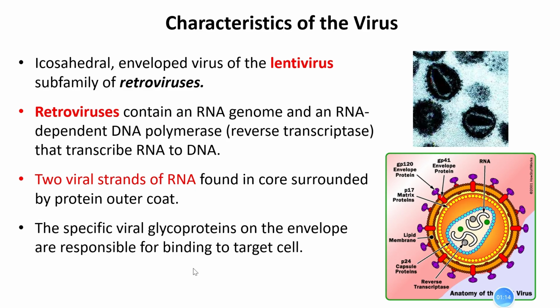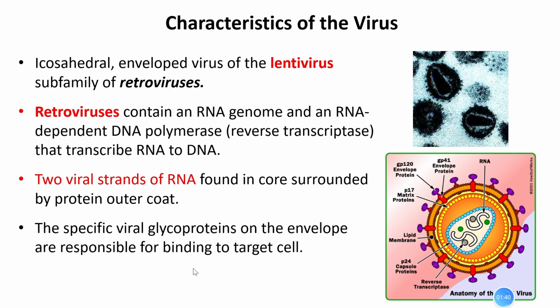Retroviruses contain RNA as genome, and in the viral particle, there is also a DNA polymerase here, this one. This DNA polymerase is a reverse transcriptase, which can transcribe RNA back to DNA.